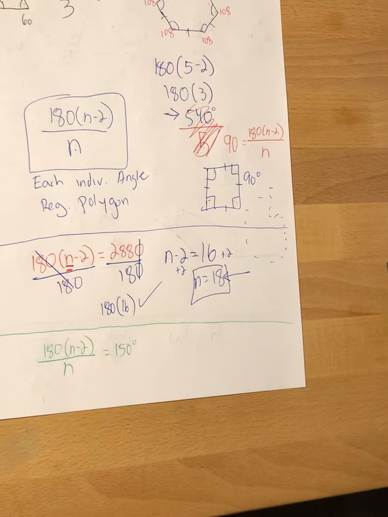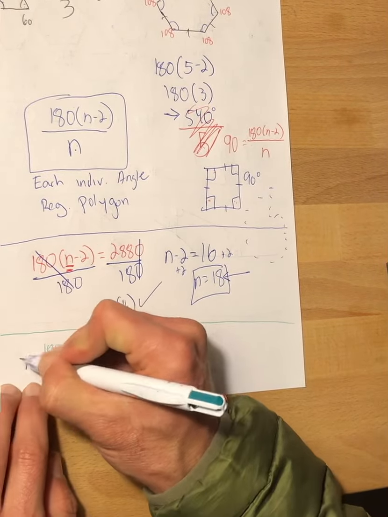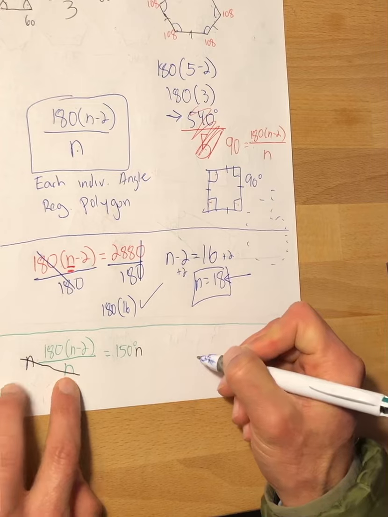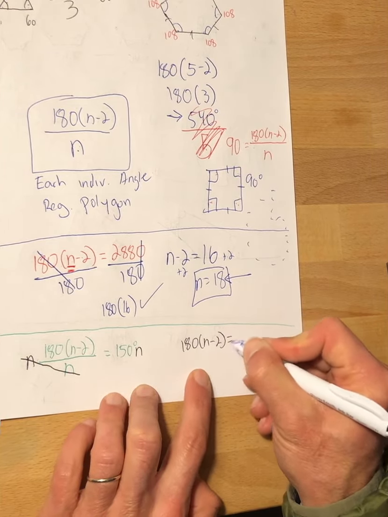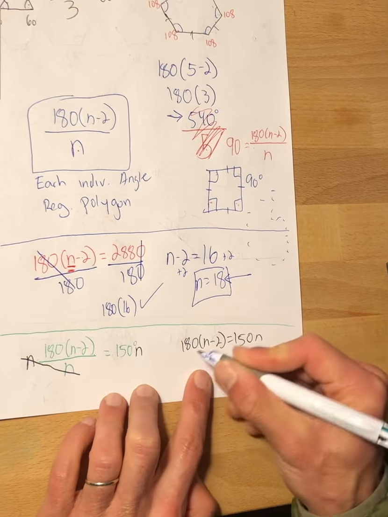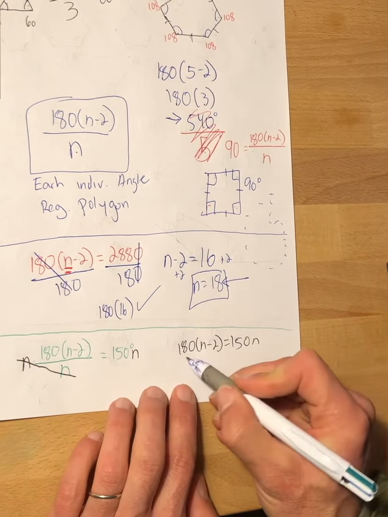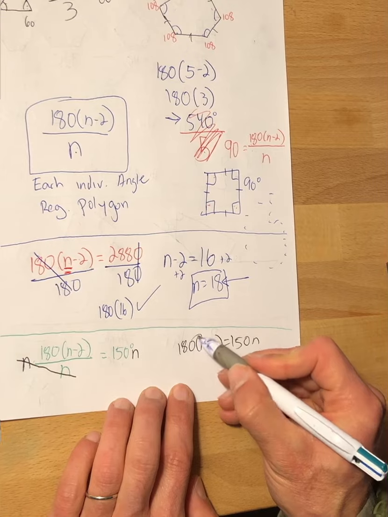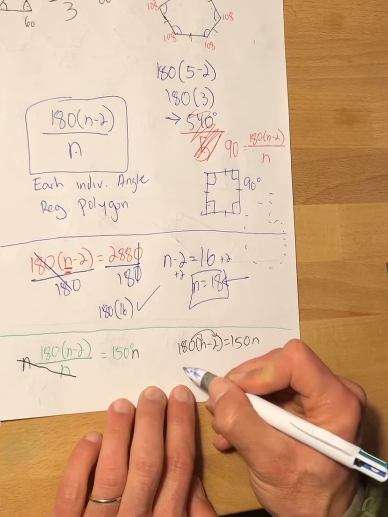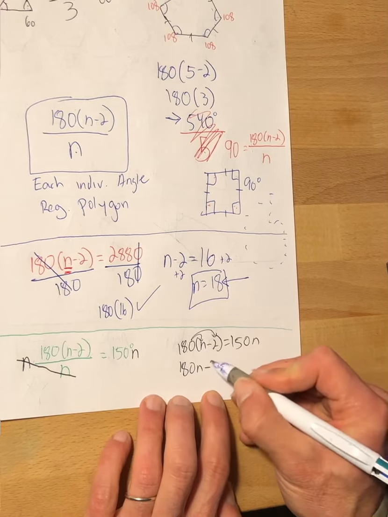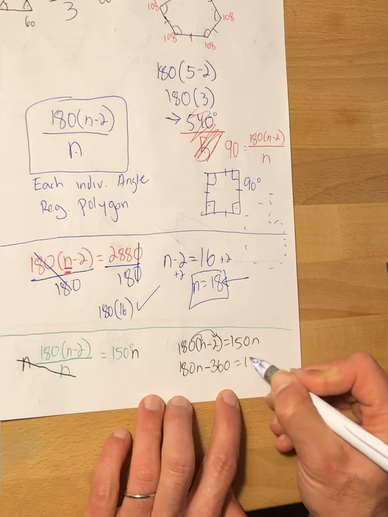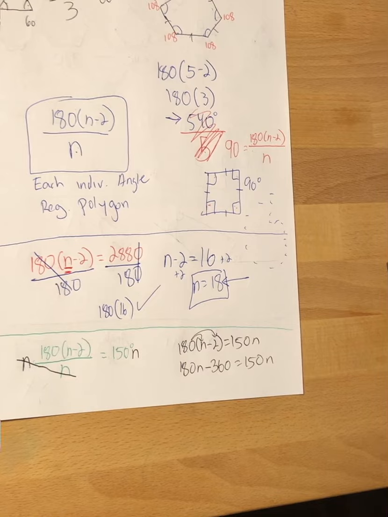First step you would do is just mathematics. Multiply both sides by n to get rid of the n. You have 180 times n minus 2 equals 150n. Now for this, you have to distribute the 180 into both of these to get 180n minus 180 times 2, which is 360, equals 150n.